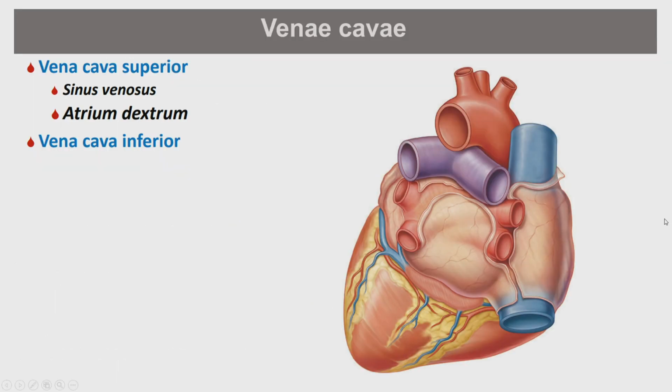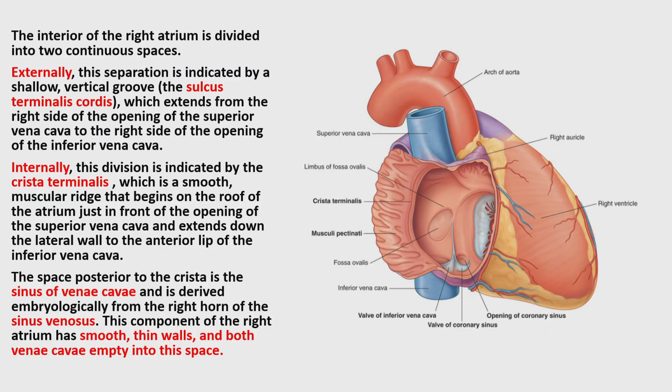So if you consider here from the external surface, we have the groove, which is called the terminal groove, which is inside determining the crest, which is called the terminal crest, which is separating the smooth part of the wall of the right atrium in the posterior aspect, which is the place of the opening of the superior vena cava and inferior vena cava, which is called sinus venarum cavarum, or sinus of the vena cava, venae cavae superioris and inferioris.